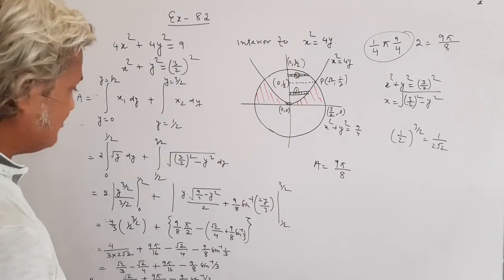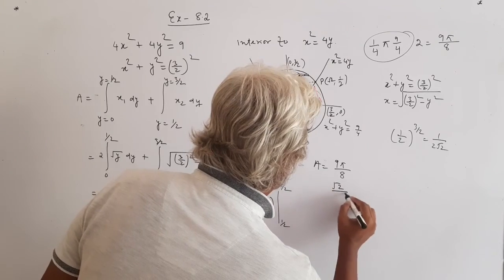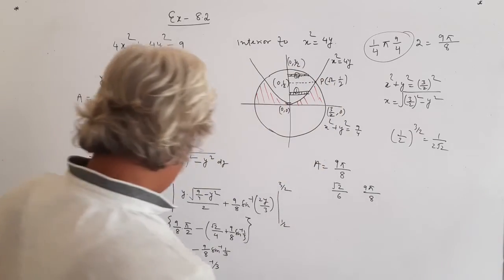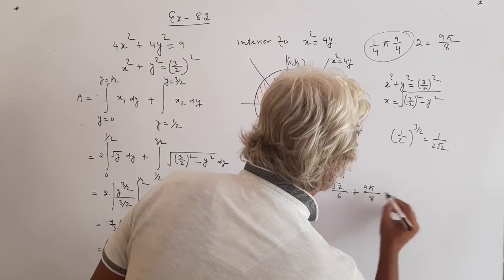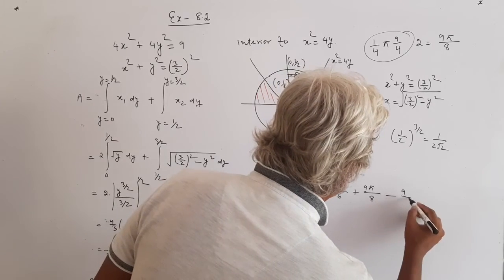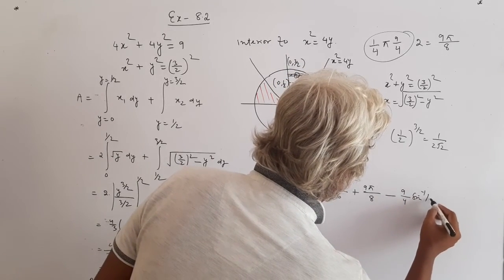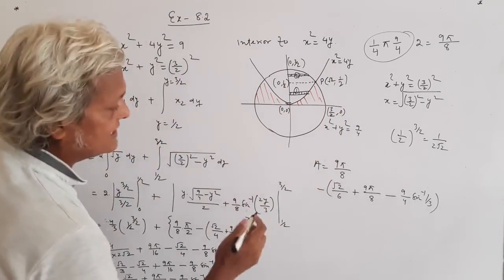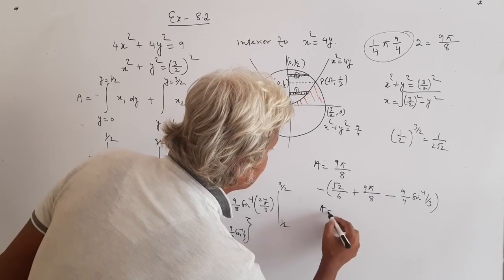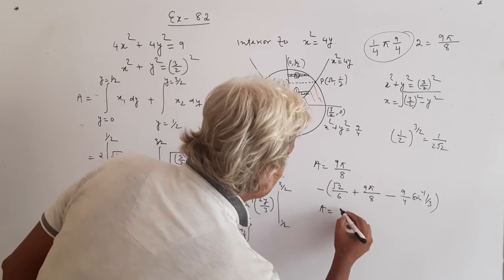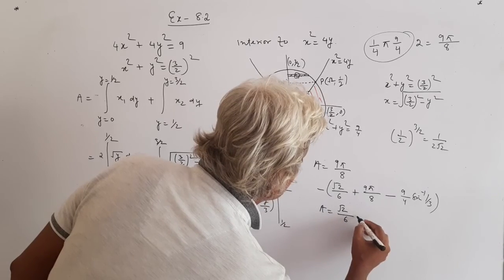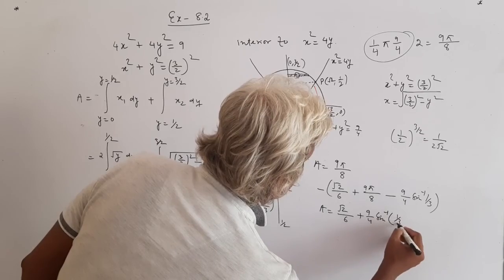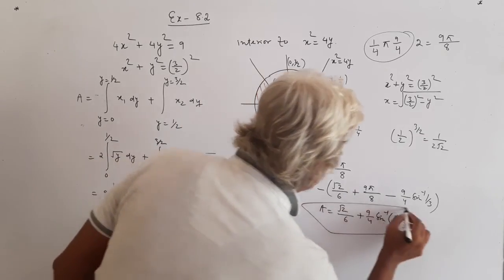From this I have to subtract root 2 by 6, 9 pi by 8, and then this is minus 9 by 4 sine inverse 1 by 3. When this minus this, then you see what you are getting. Area is 9 pi by 8, 9 pi by 8 cancel, then you are getting root 2 by 6 plus 9 by 4 sine inverse 1 by 3, and now it's matching with the answer.